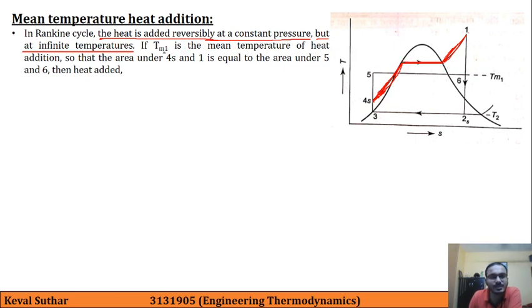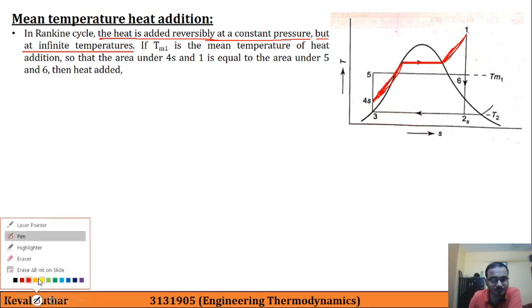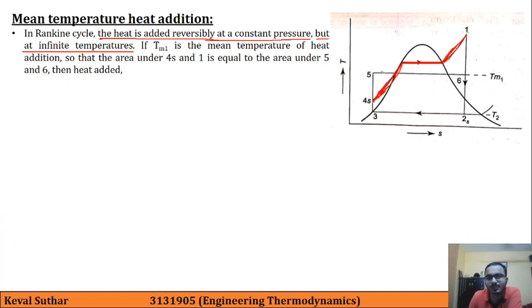So let us say that we are having a common temperature Tm1, that is, if we focus on this portion, that is this 5 to 6, this is the mean temperature Tm1.